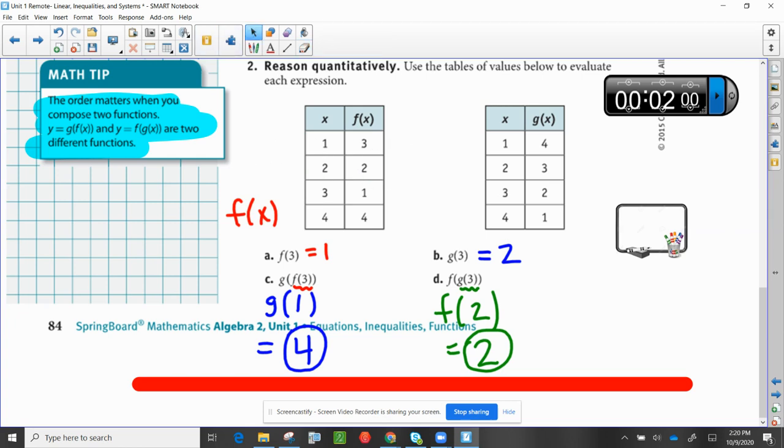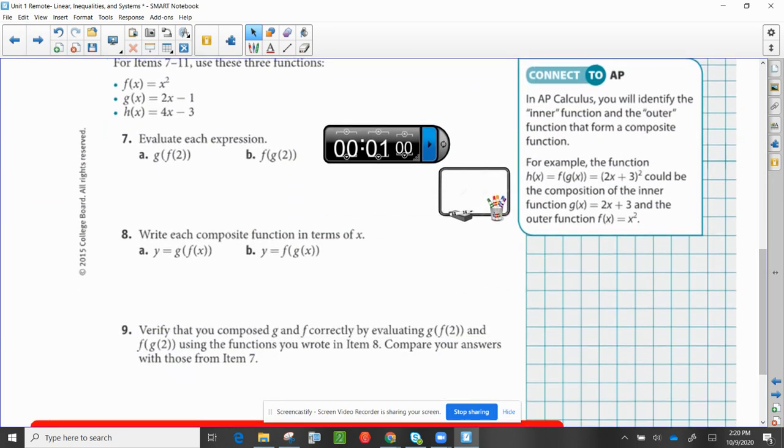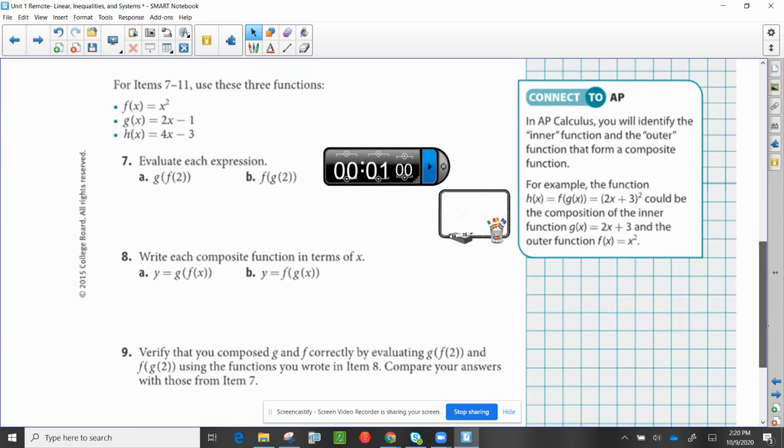I'm going to jump to number 7 on the next page. This is more what we're going to see on tests and quizzes, where we have f of x is x squared, g of x is 2x minus 1, and h of x is 4x minus 3. We're going to evaluate these. We start with A, where we have to find g of f of 2.